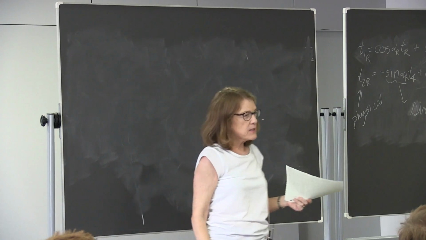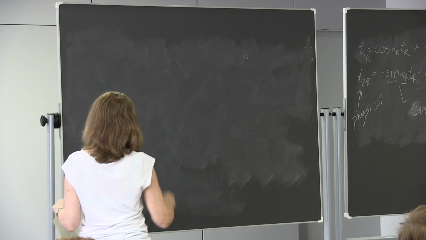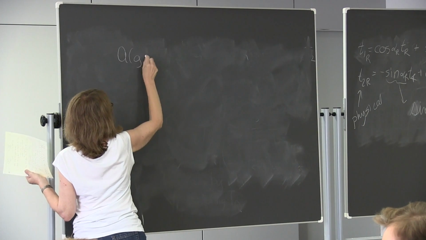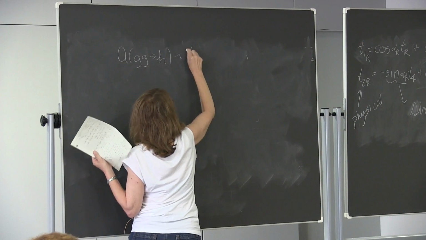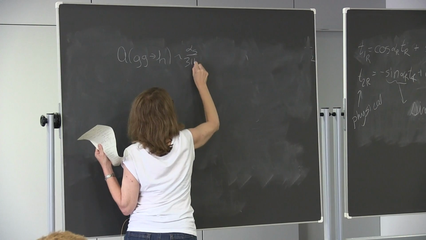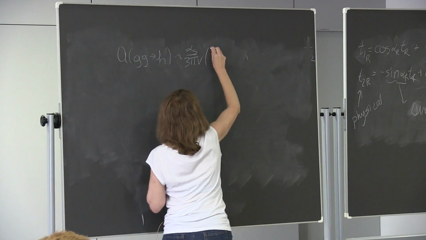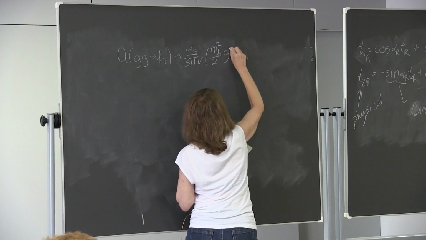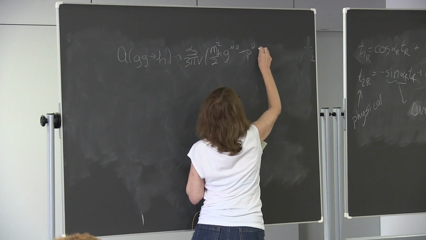So let's go back to my favorite topic, effective field theories. We got this amplitude for gg goes to H, which was alpha S over 3 pi v, mh squared over 2, times g mu nu minus p nu q mu.